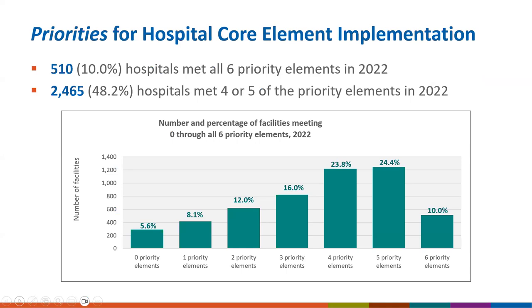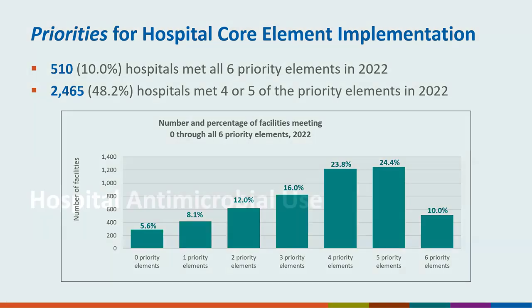Although only 10% of hospitals met all 6 priority elements, nearly half of the hospitals met 4 or 5 of the priority elements in 2022. By highlighting these effective stewardship approaches for the stewardship programs, we anticipate that the priorities uptake will increase over the upcoming 3 to 5 years.